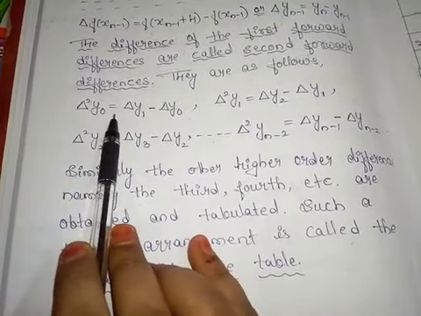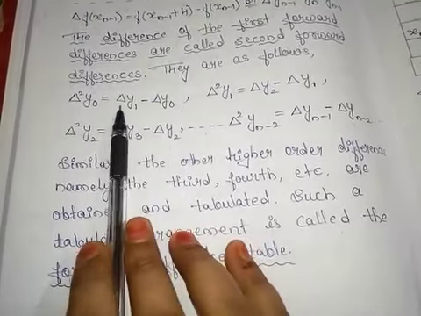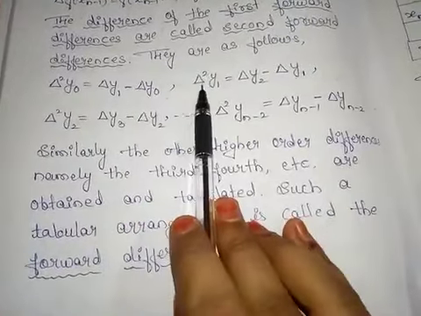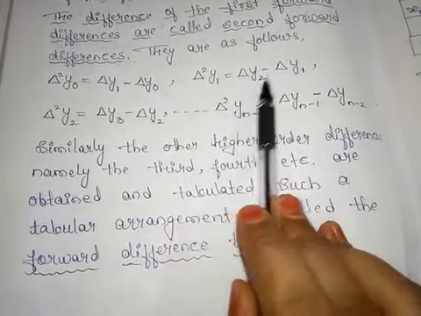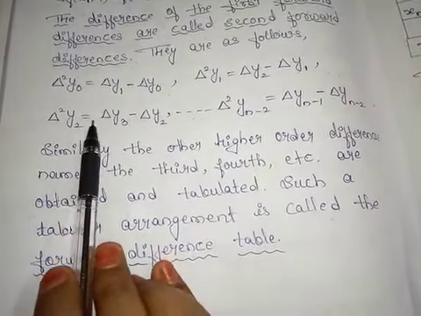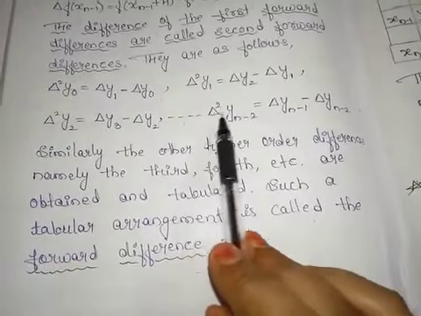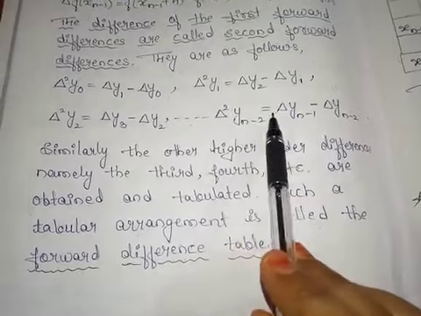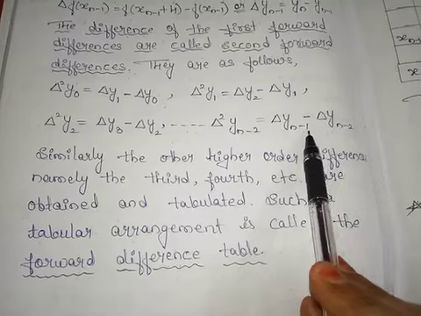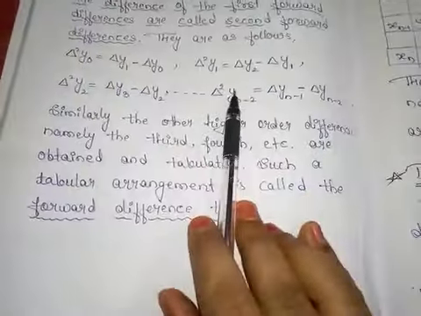Delta square y0 is equal to the difference of first forward differences, that is delta y1 minus delta y0. Similarly, delta square y1 is equal to delta y2 minus delta y1, and delta square y2 is equal to delta y3 minus delta y2, and so on to delta square yn minus 2 is equal to delta yn minus 1 minus delta yn minus 2. These are the second forward differences.